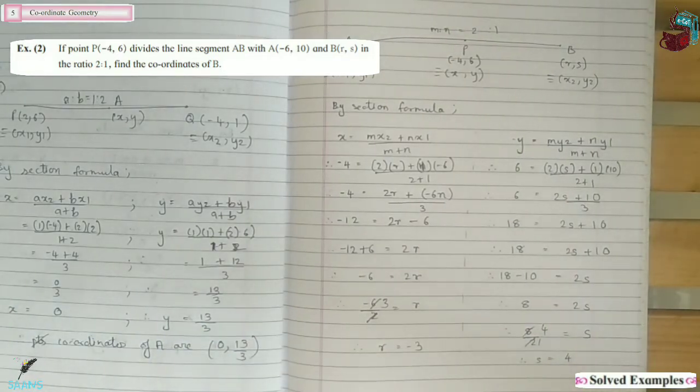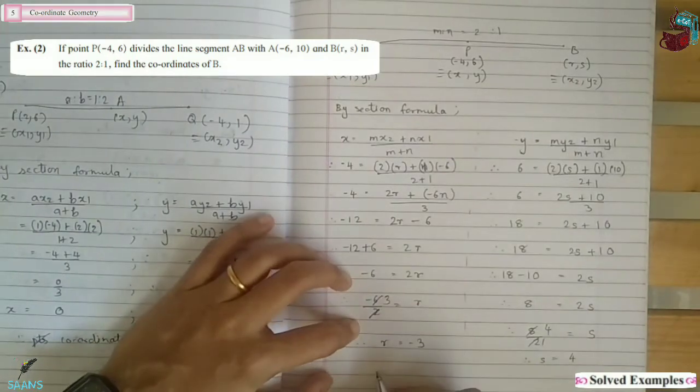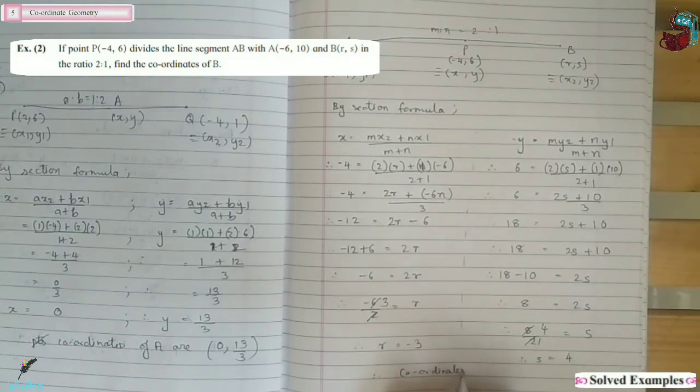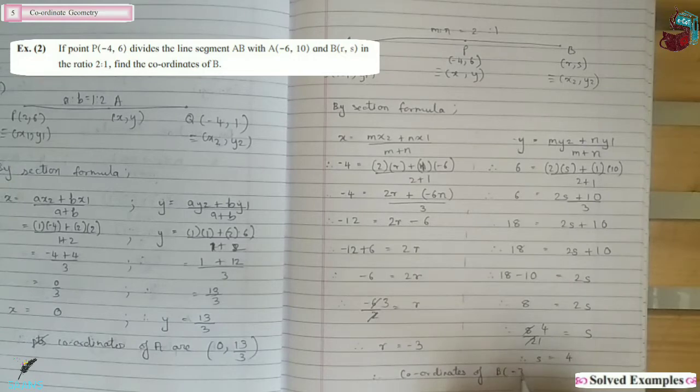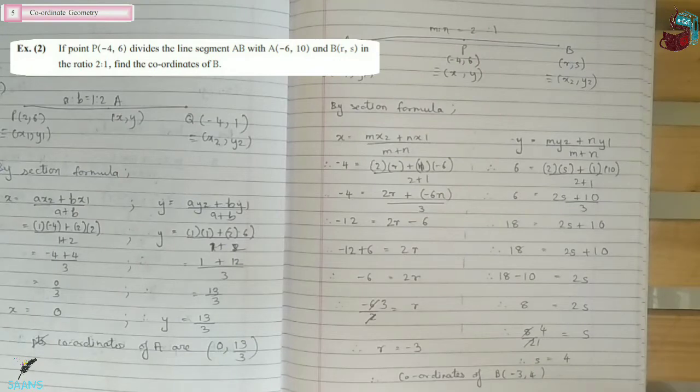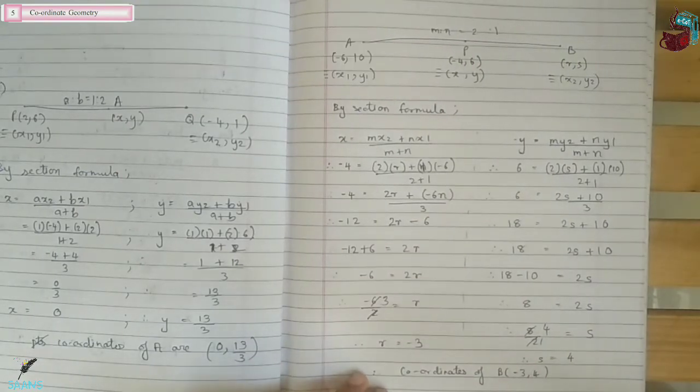Therefore the coordinates of B = (r, s) = (-3, 4). So this is your answer. That is how you do the sum. This is your example 2 on page number 113.